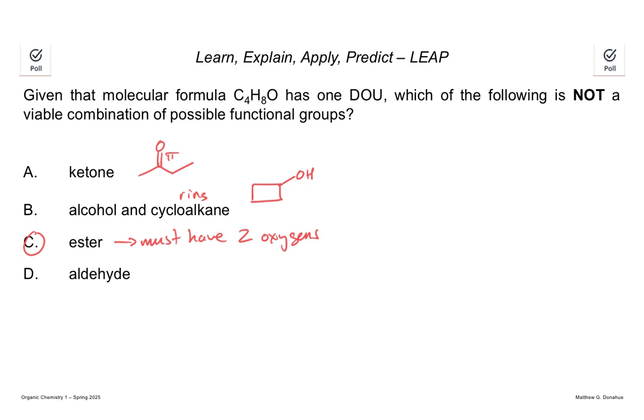And then for choice D, the degree of unsaturation is now a carbonyl, but it's at the terminal carbon of the chain. So those would be 3 possibilities of isomers for that molecular formula.